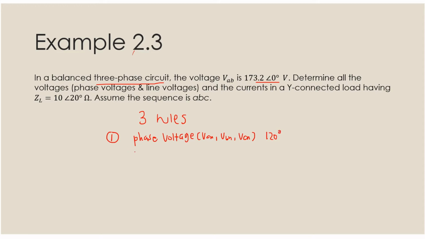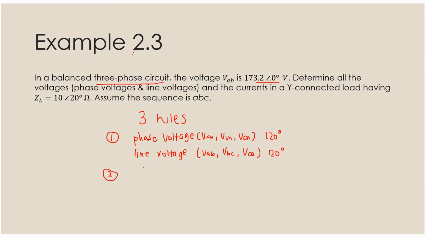And the line voltages, VAB, also have to lag by 120 degrees. So that's rule number 1.